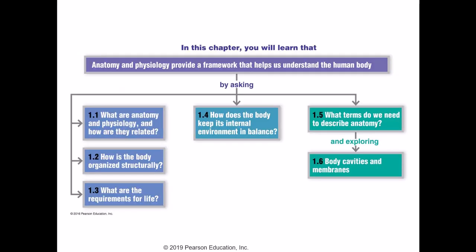One of the things I like about this particular textbook is it starts each chapter off with this nice little framework displayed here in the flow chart. It will give you an overview of what each chapter will cover, as well as what each section of each chapter covers, and how the chapter flows through the information.